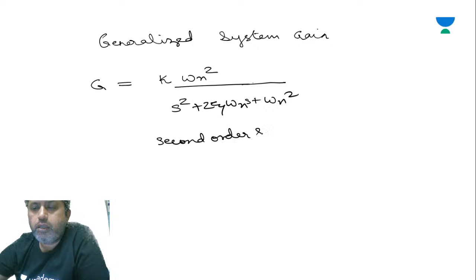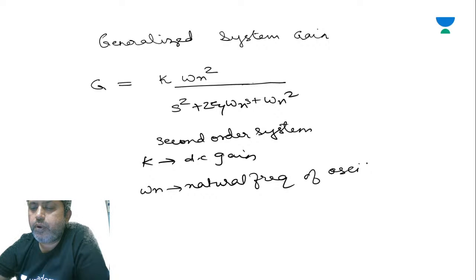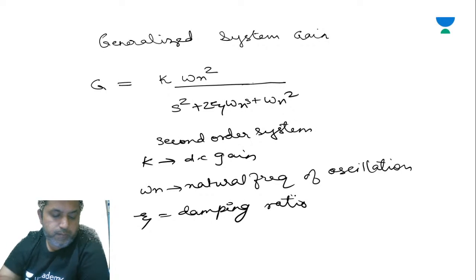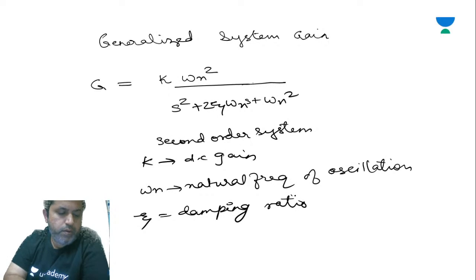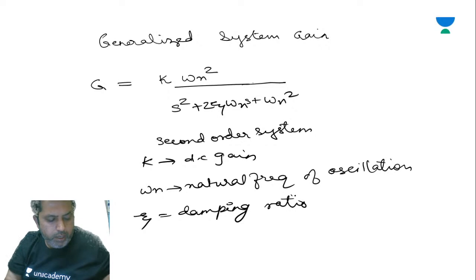Second order system, where K is DC gain, omega n is natural frequency of oscillation, zeta is equal to damping ratio.